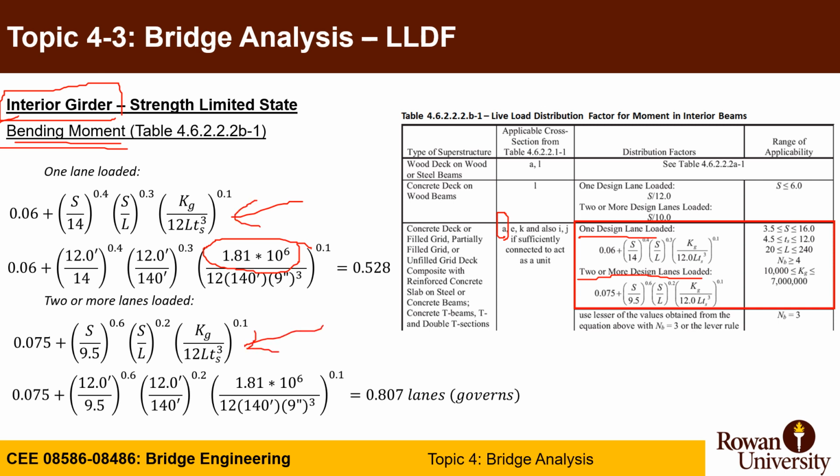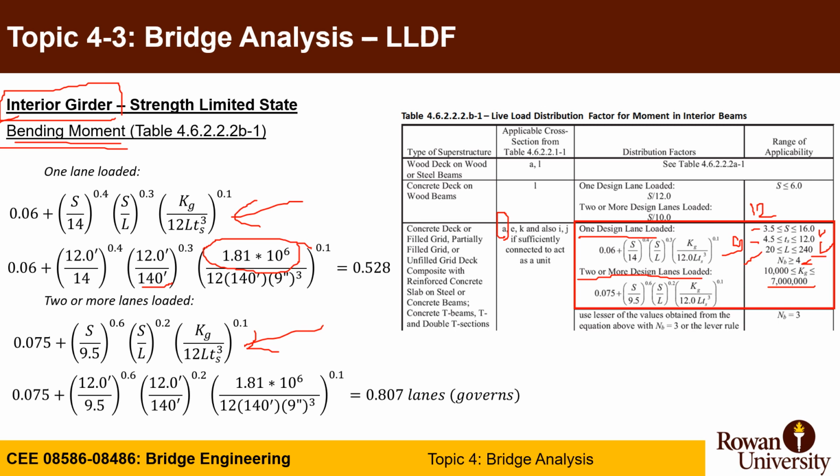We check the range of applicability. The spacing was 12, so it's passing this applicability requirement. TS is 9, passing this applicability. L is, in this case, 140. It's between 20 and 240. Number of girders was more than 4, and Kg was less than 7 million, which is 1.81 million.